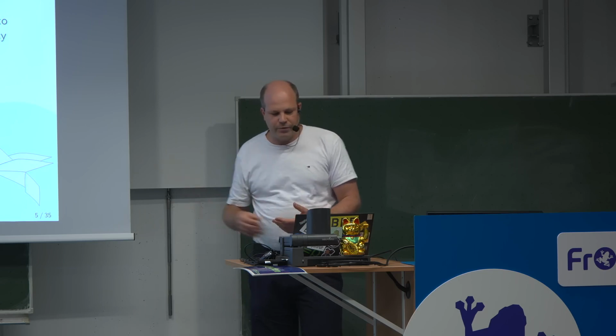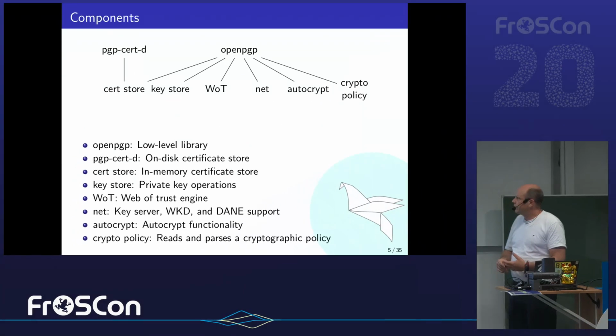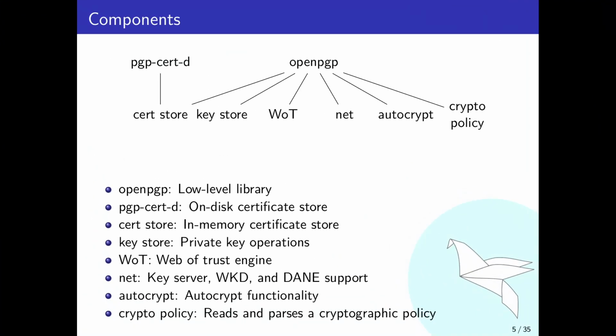So here are some of the components that we have. You can see at the top we have OpenPGP, which is our low-level library. We also have PGP cert D, which is an IETF draft document that explains a disk format that other OpenPGP implementations also implement. So it's shared. So if you're using, for instance, PGPainless, you can also use this data structure.